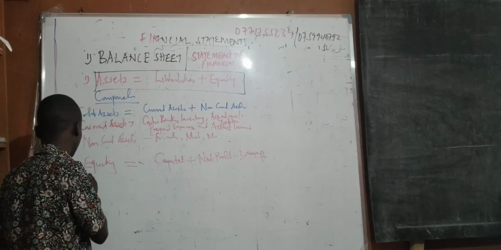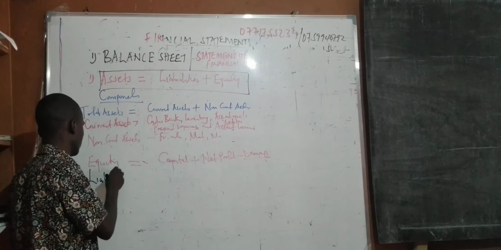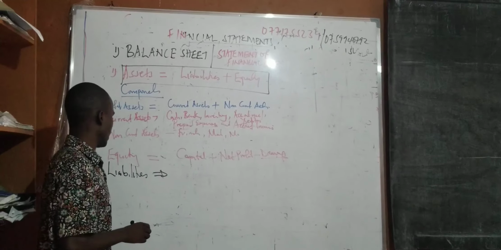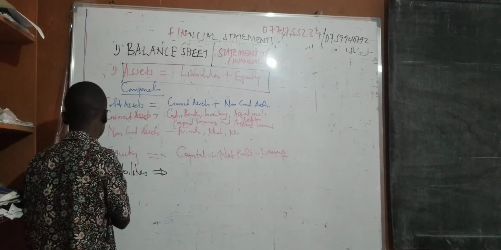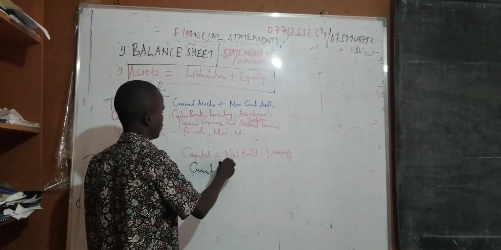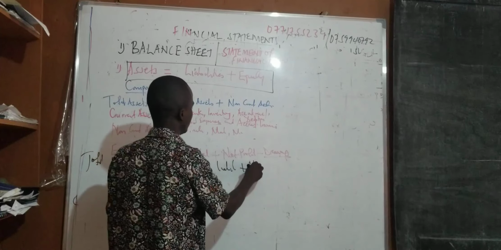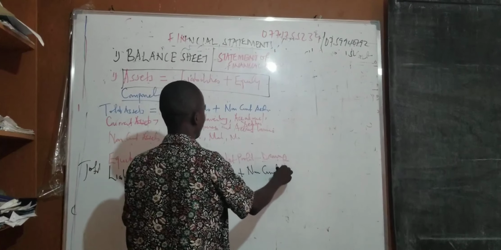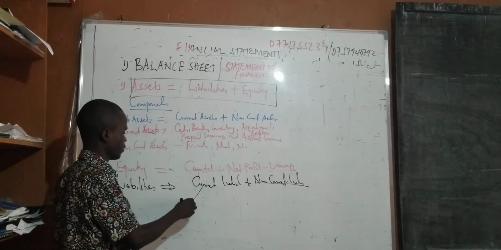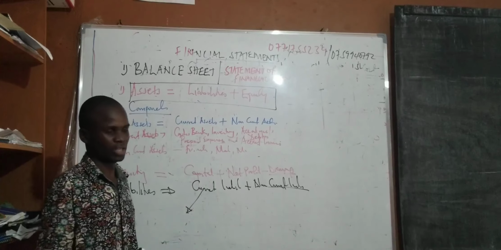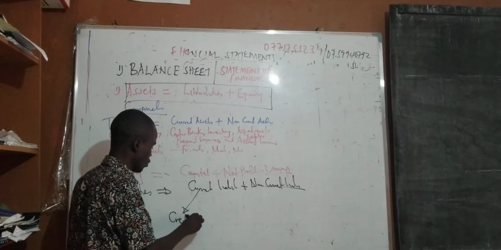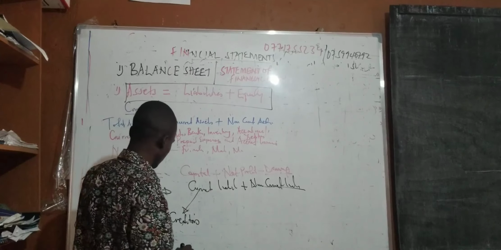And lastly, liabilities. Liabilities are like loans. Total liabilities equals current liabilities plus non-current liabilities, also called long-term liabilities. The current liabilities are short-term loans, for example creditors, the ones you expect to pay within a year.